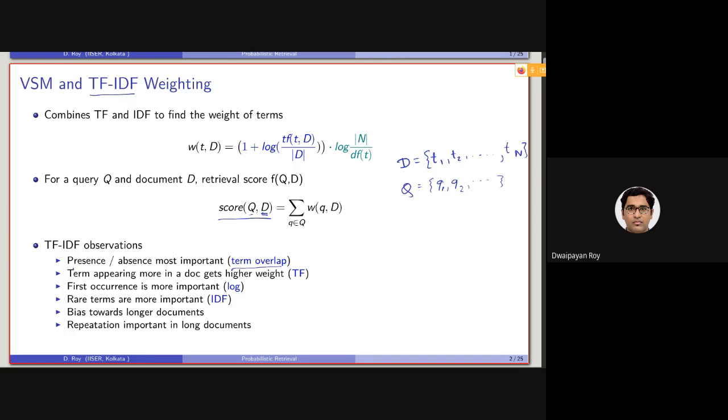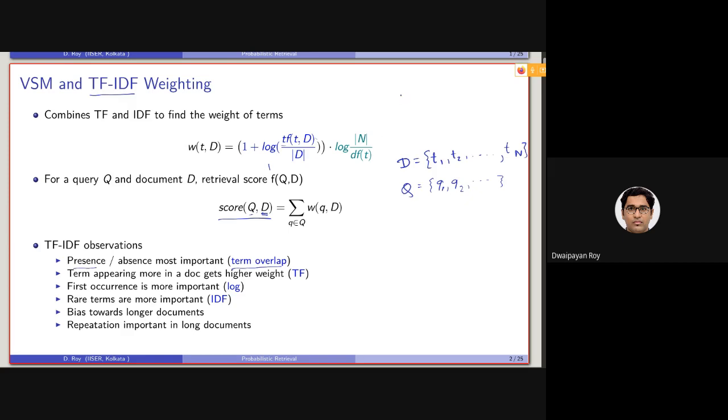If it is present, it will be non-zero, and only then will it contribute some score into the score of the document. For absence, it will be 0. So log of 0, this entire term will become 1. We can also define it in a way so that it will be considered as 0.